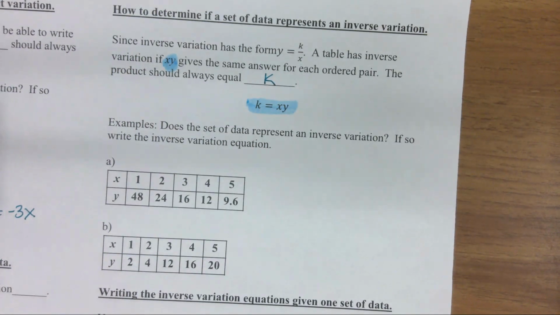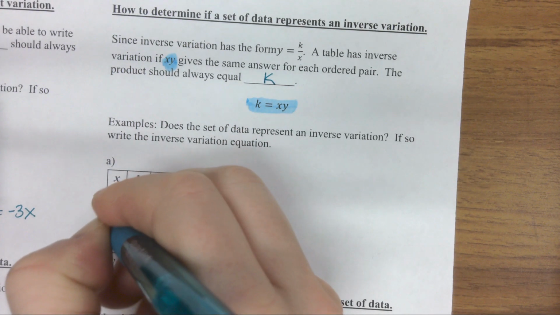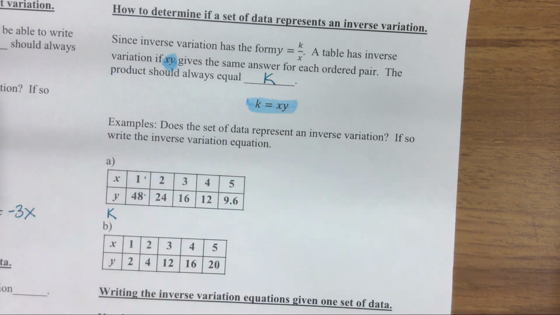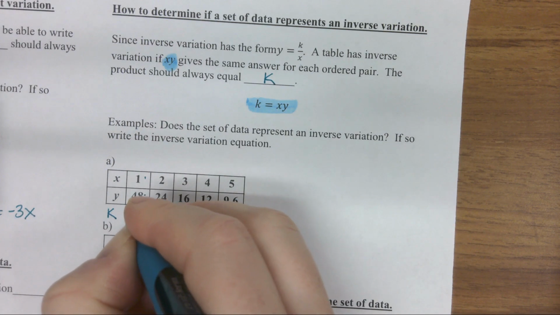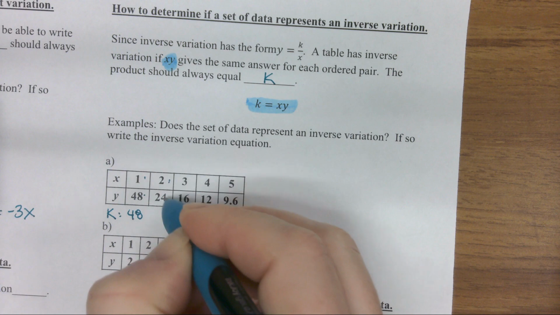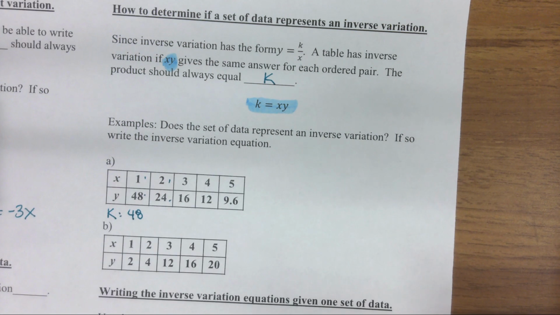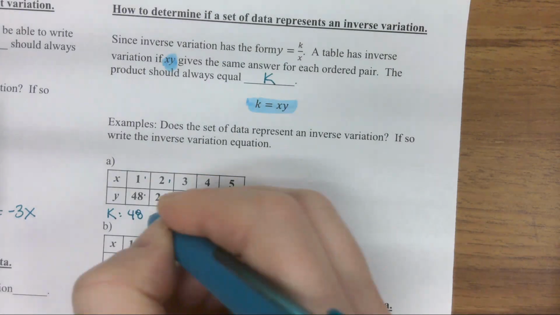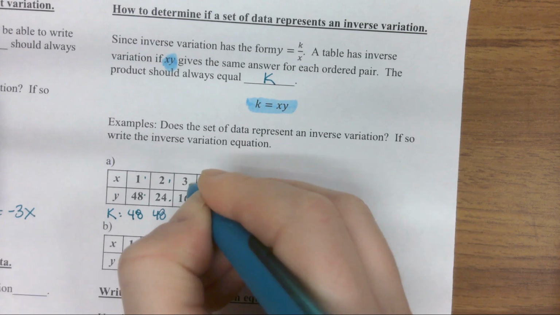All right, so what's 1 times 48? Yep, 48. What's 2 times 24? 48. Shout it out. 3 times 16.